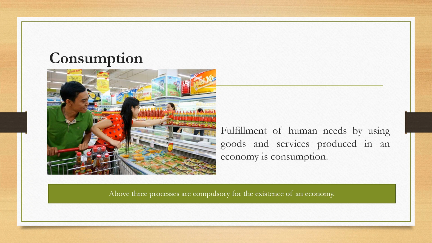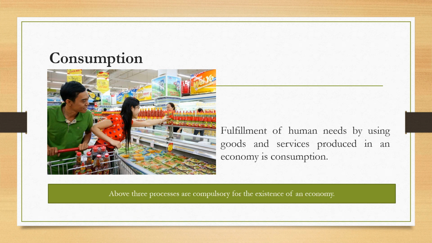Once the goods are produced in factories, the goods are distributed to the distribution centers, maybe shops or supermarkets, right? The people go and consume according to their wish.